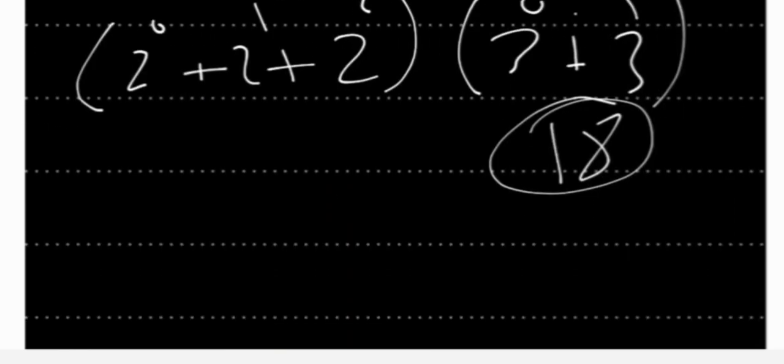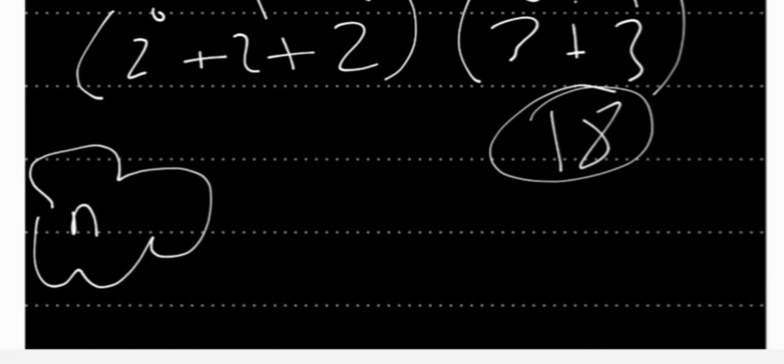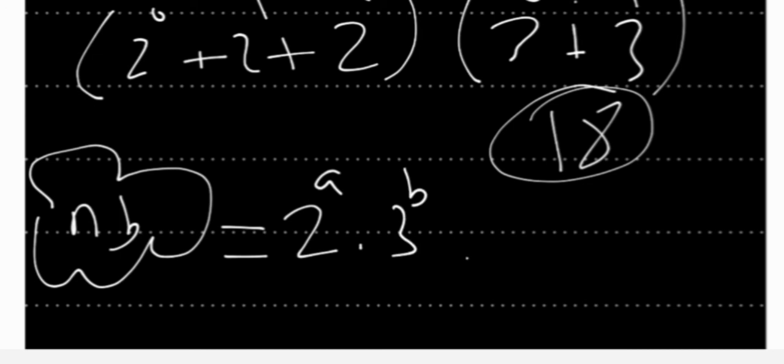So look, if we had a number, okay, a number which we can write like 2 to the a multiplied by 3 to the b multiplied by 5 to the c, something like that.